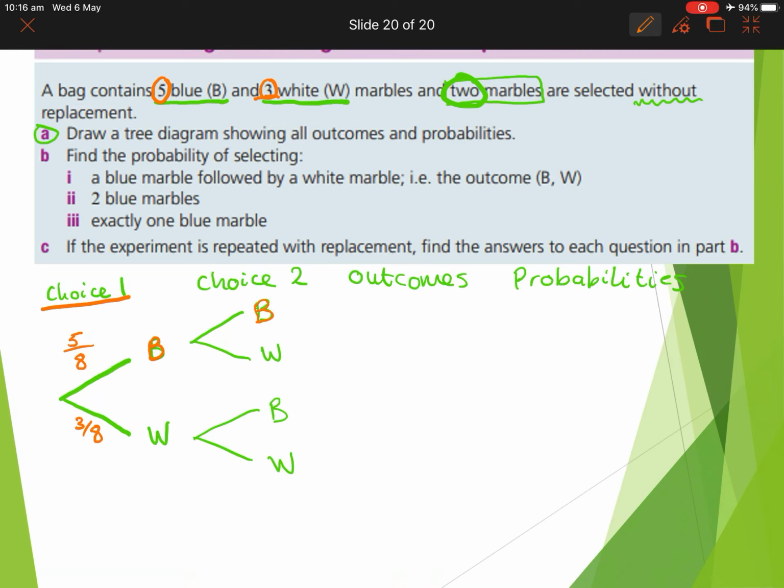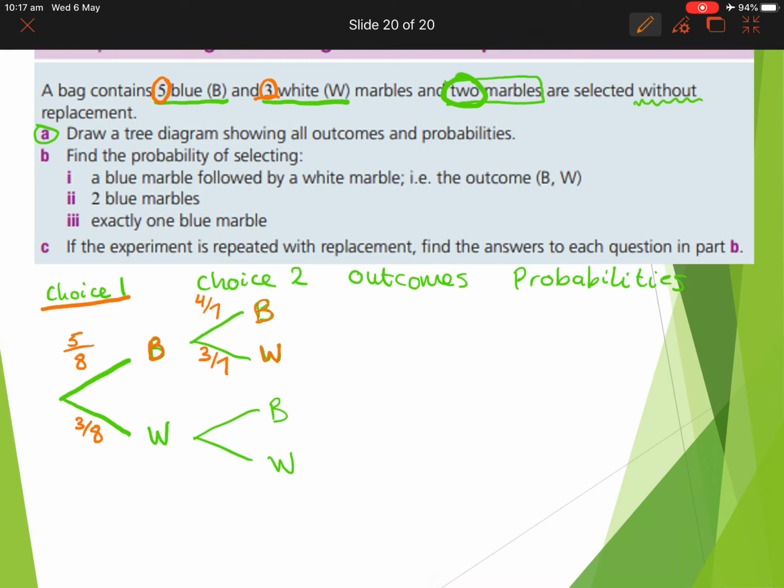So instead of 5 blue, we've only got 4 blue marbles to choose now, and we've only got 7 marbles in total because we've just taken that blue one out beforehand. Now with the white one, we've still got our 3 white marbles because we took out a blue before, but because we took out the blue before, we only have a total of 7 marbles left.